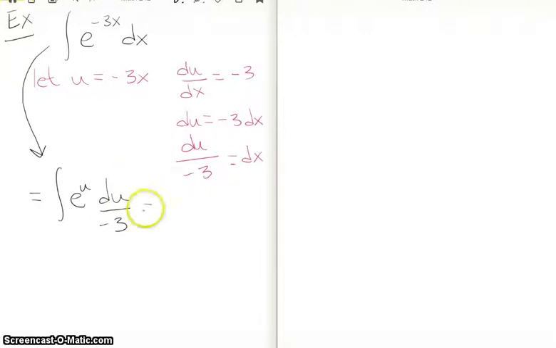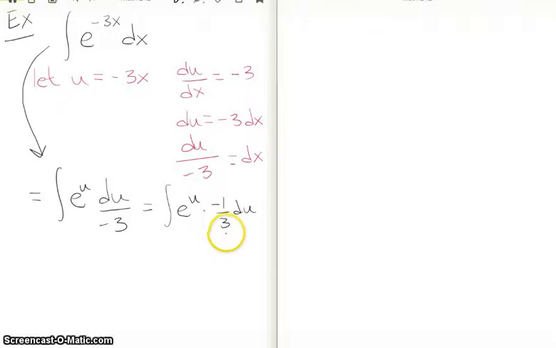Remember that this negative 3 living down here could be rewritten as times negative 1/3 du, because du over negative 3 is the same thing as negative 1/3 du. Those are the same two things.